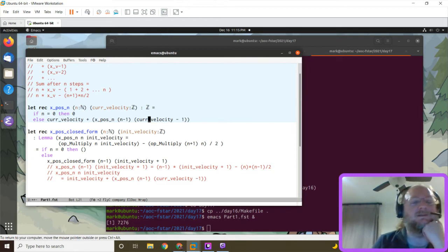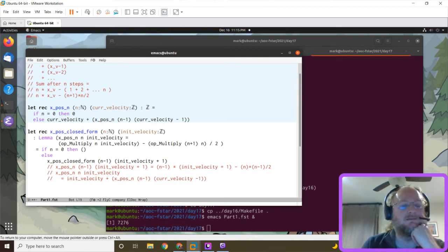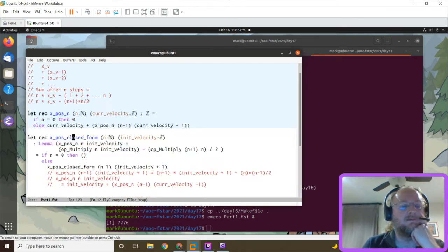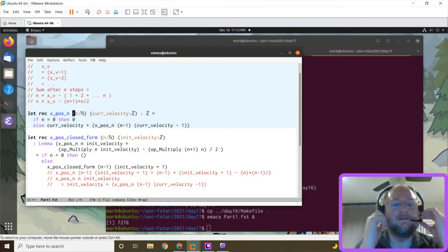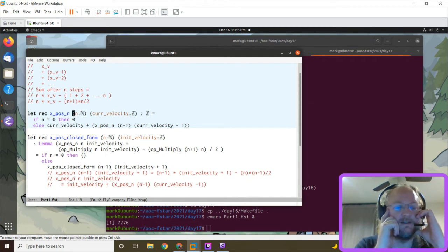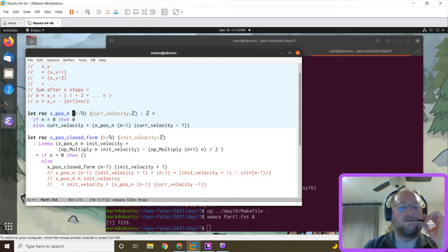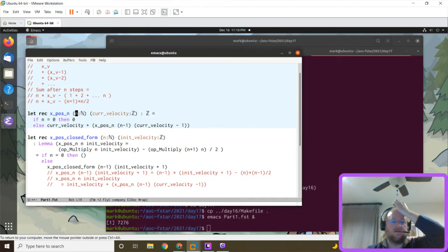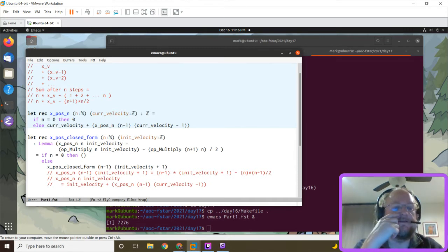Is there a formula wrong here? Did I screw this up? So this is going to be current velocity plus current velocity minus 1 plus current velocity minus 2 plus, all right, so that's right.